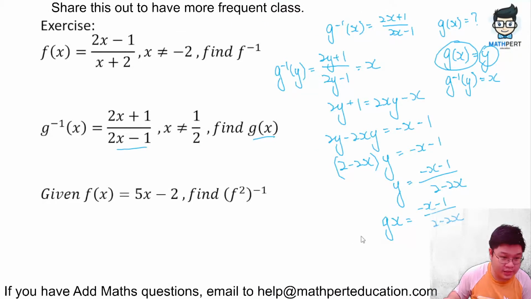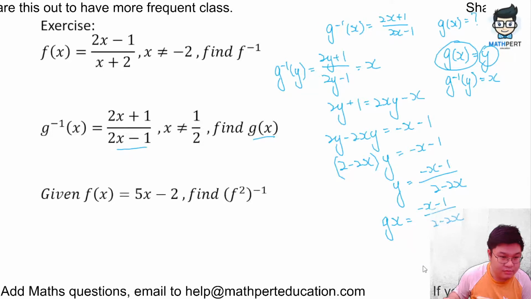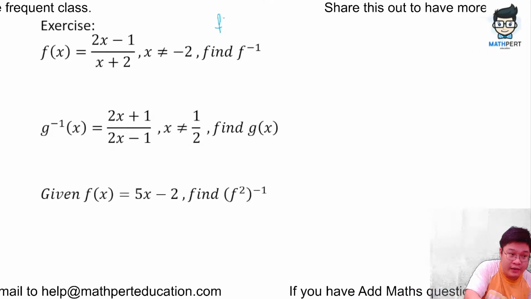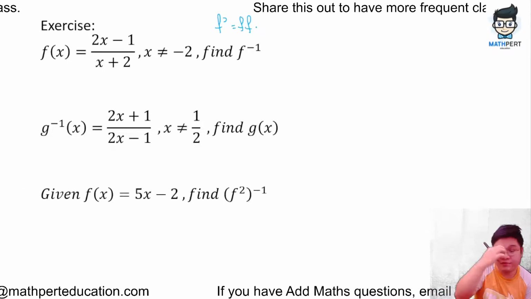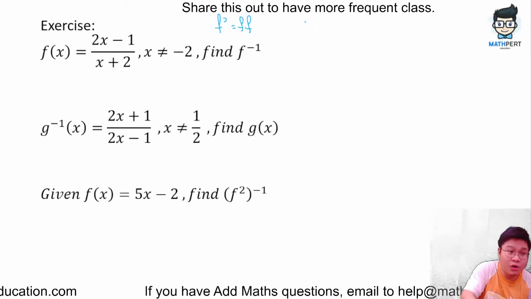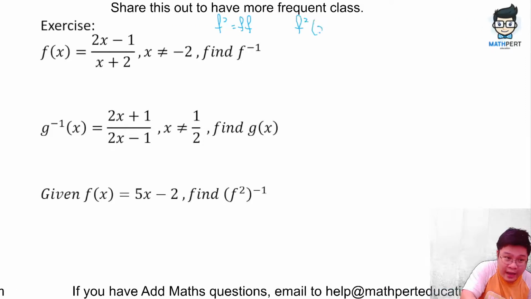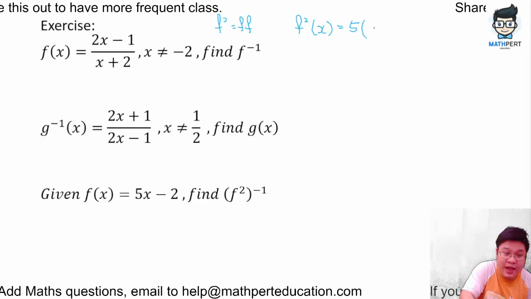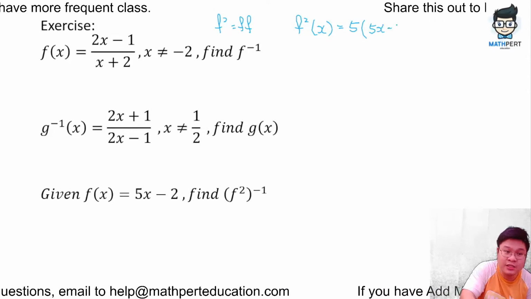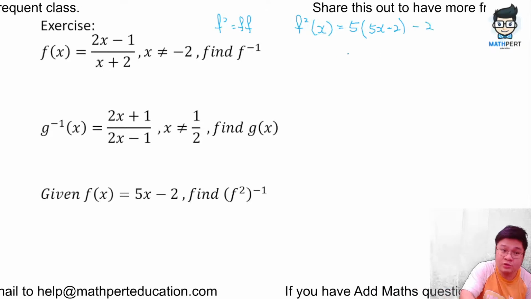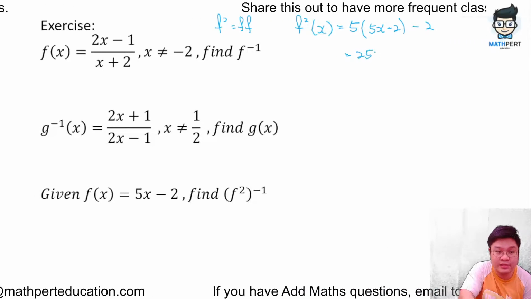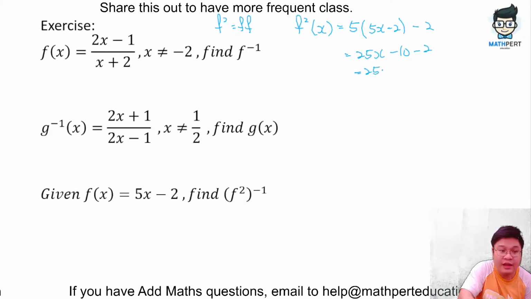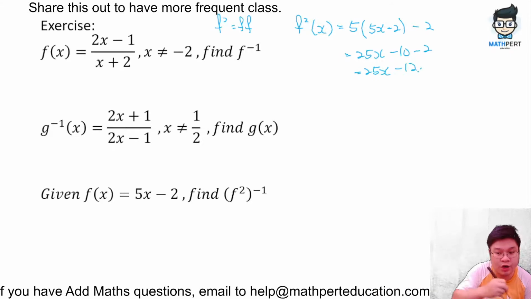Let me clear all this. f square x will be equal to 5 times 5x minus 2, minus 2. We expand it: 25x minus 10 minus 2, so you get 25x minus 12.